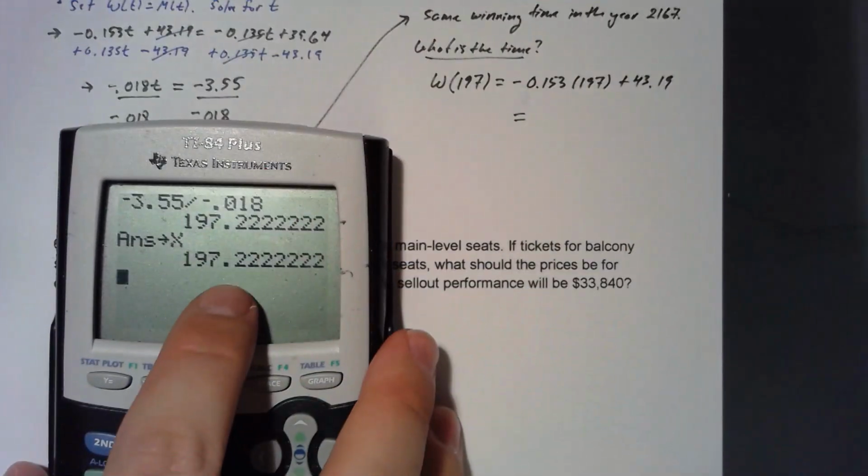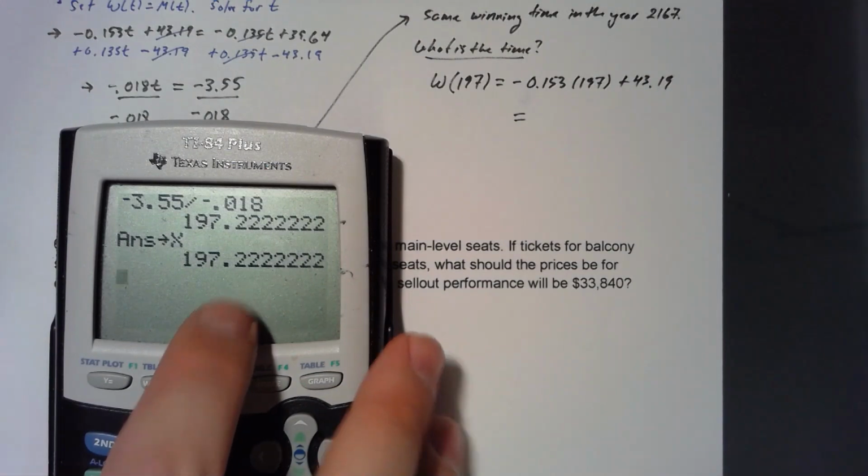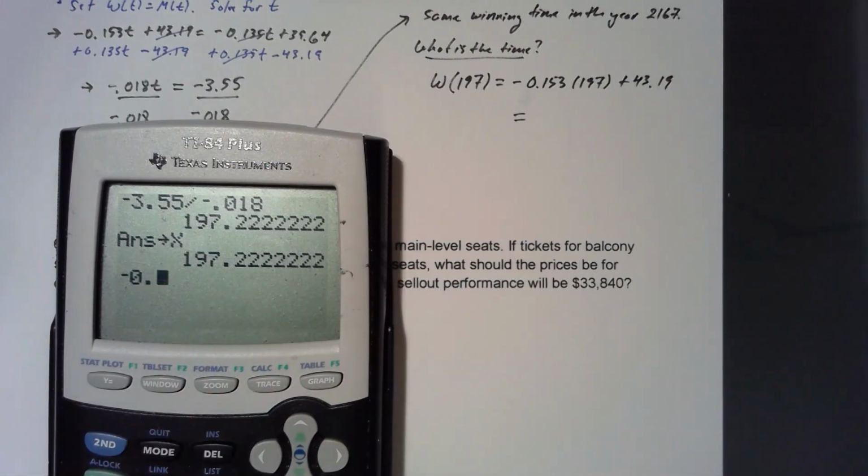If I do that with the exact value, let me type negative 0.153x plus 43.19. And that gives you 13.015.